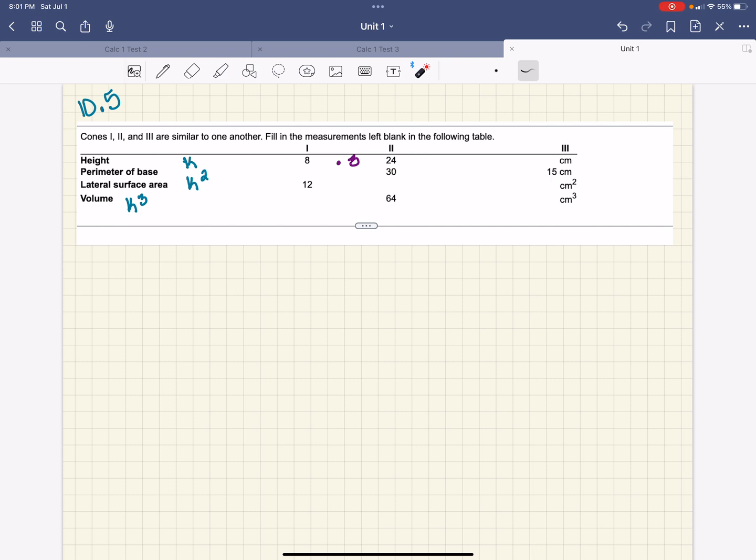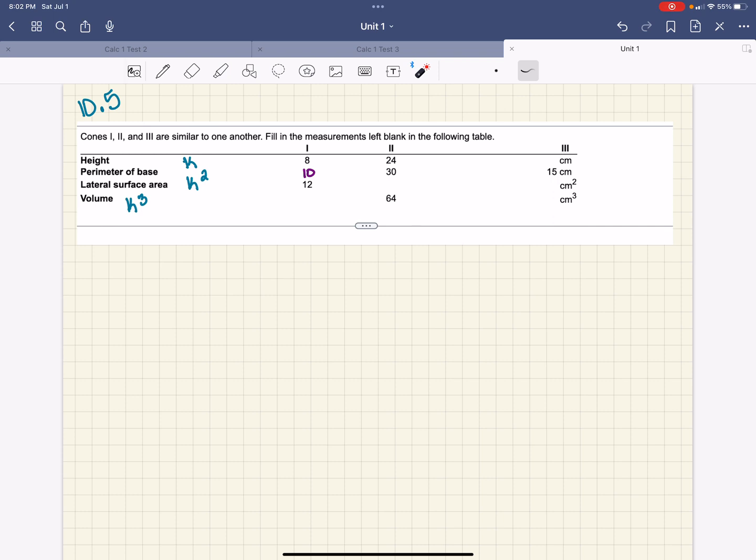Here, this is the larger cone, so we go the other way. 30 divided by 3 gives us the perimeter of the base of that first cone. The relationship here is 8 times 3 gives me 24, and 10 times 3 gives me 30.